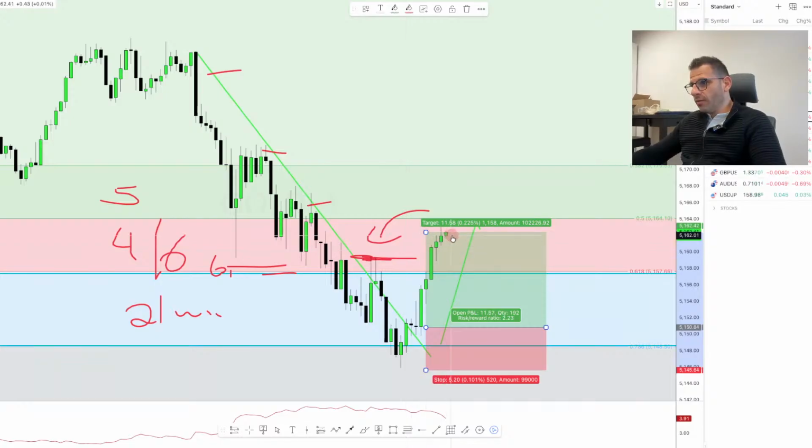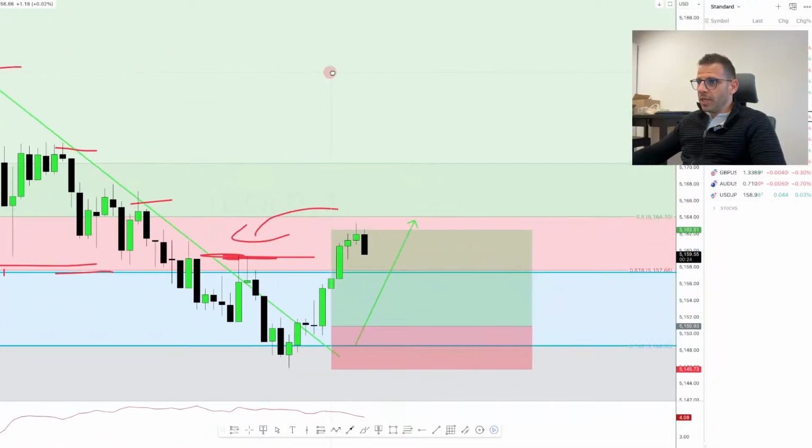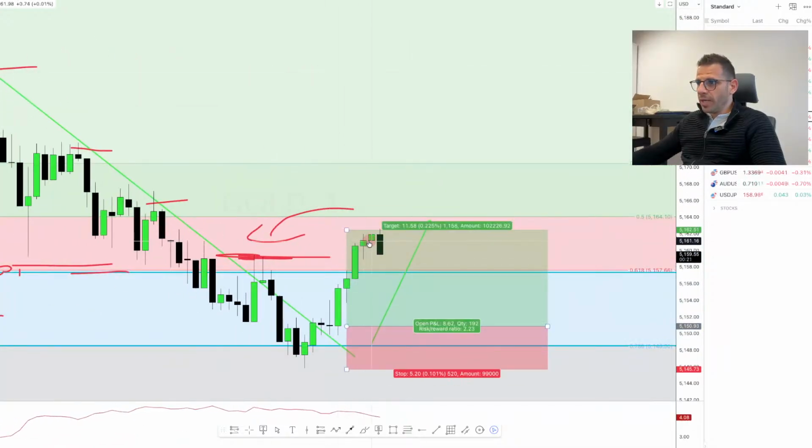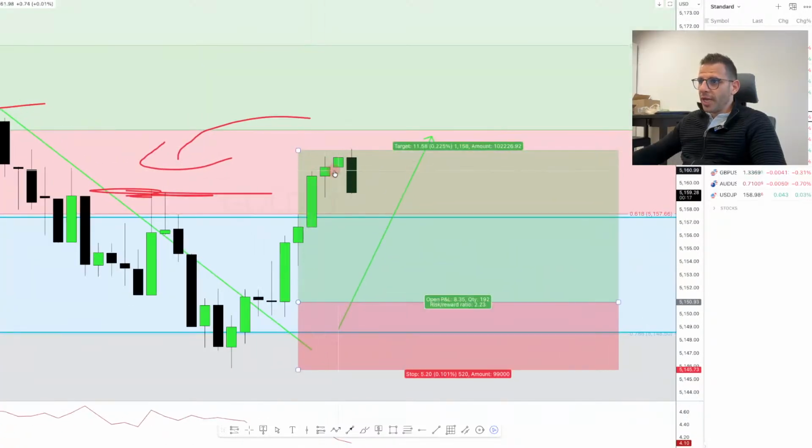I want to wait for the retracement. So what is happening at this moment? The buyers right here are running out of steam. Candles became smaller. Look at these two doji candles after a bullish Marubozu candle.